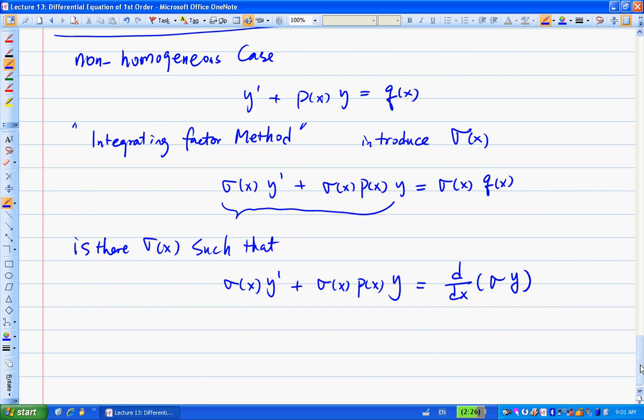So let's follow the logic here. You always start from the question, asking, is it possible? If it is possible, then what would that be?